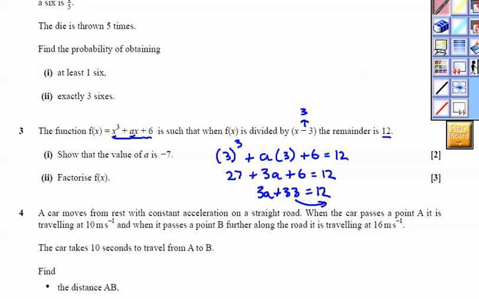Take the 33 across to the other side, it becomes a negative. So 12 minus 33 will give me minus 21. So to finish off, A equals minus 21 divided by 3, A equals minus 7. So therefore, we have just shown that the value of A is minus 7.